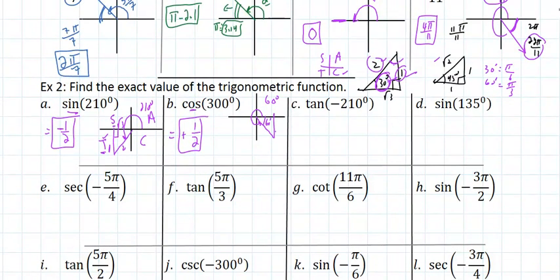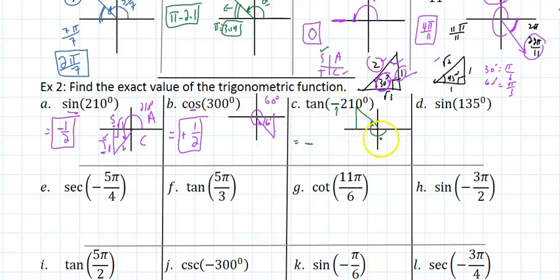Negative 210 degrees. I don't care whether the angle is positive or negative. All I care about is what's the reference angle and which quadrant it is in. Negative 210 degrees is in quadrant 2. And in quadrant 2, I know that only sine is positive, which means tangent is negative. It has nothing to do with the angle. It has to do with the quadrant the angle gets you in.